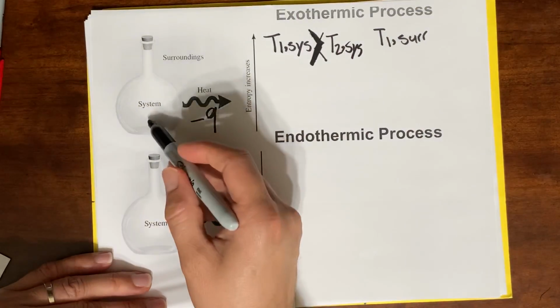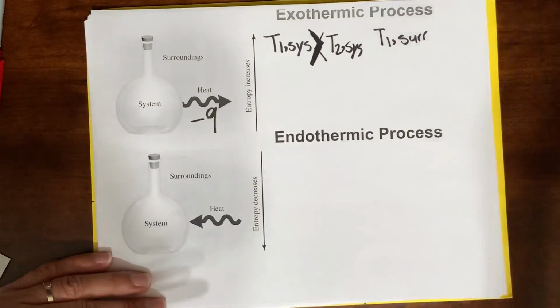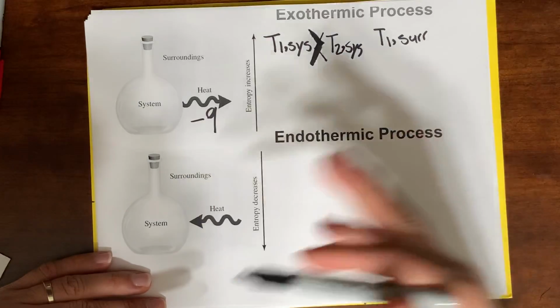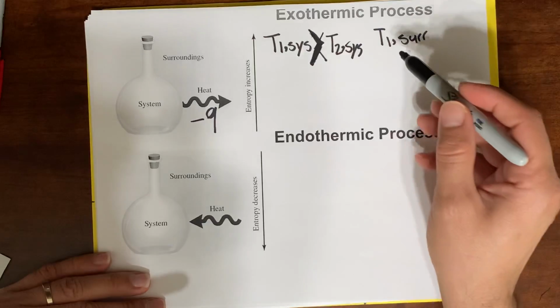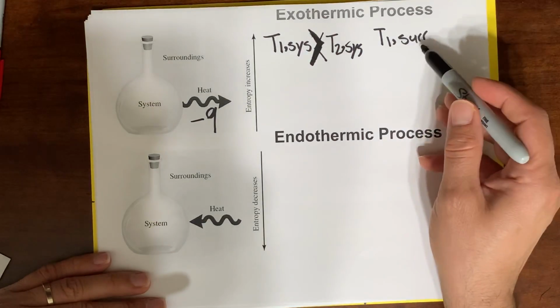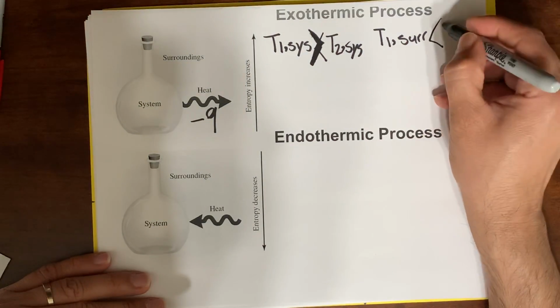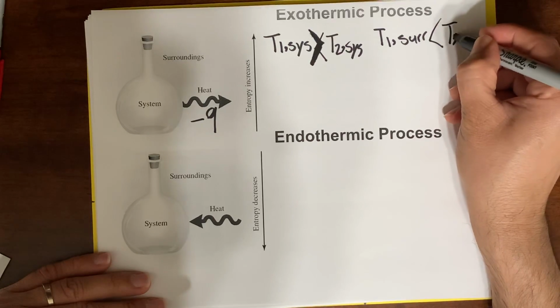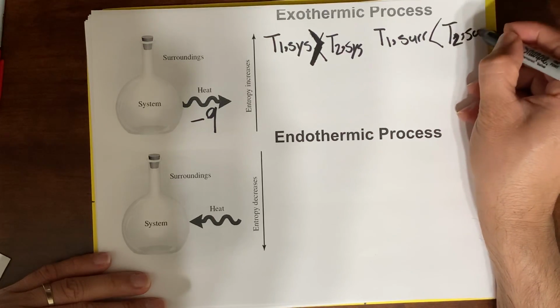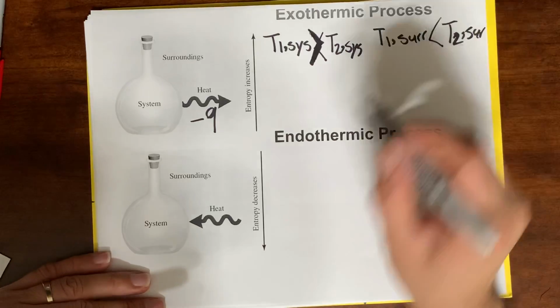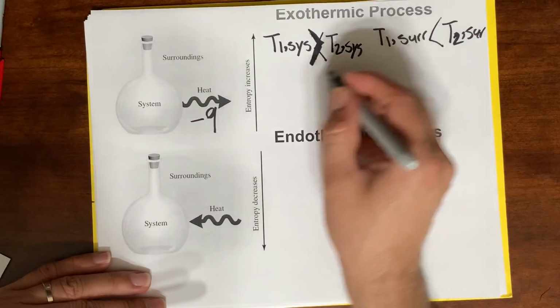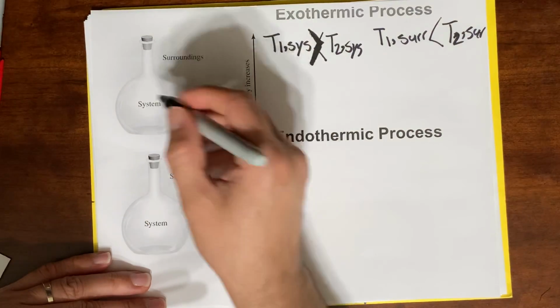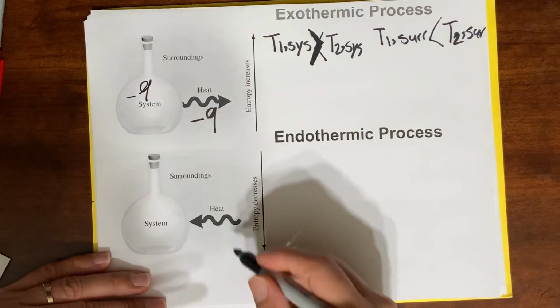We have a system. Our system is giving heat to outside. So outside is getting heat. So T1 of outside is going to be less than T2 of outside. Outside got heat. System lost heat. So we can say our system lost heat, minus heat.